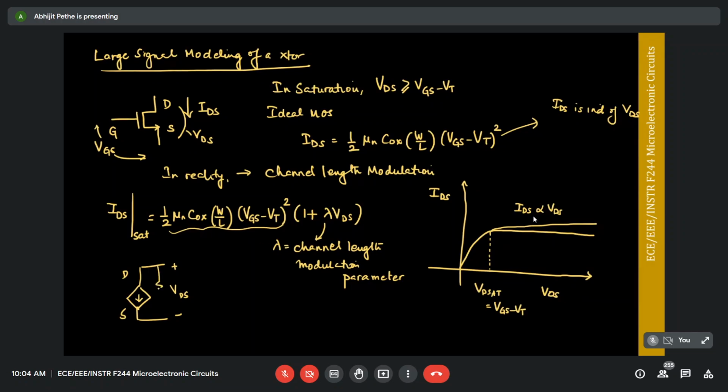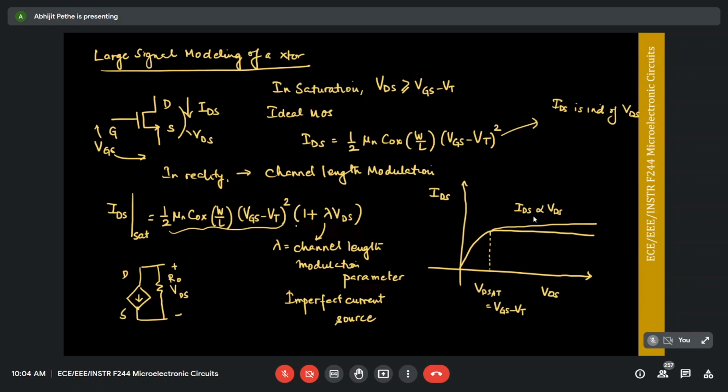So we will model it as an imperfect current source. The way we do it is we put in some resistor R0 in parallel with it, which models this relationship, right?